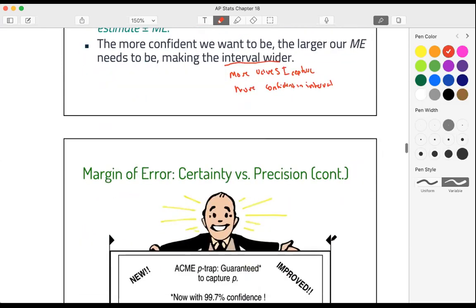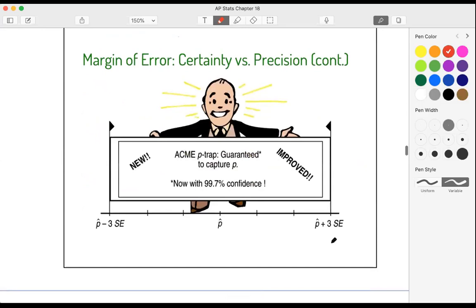Now, we could always get more confidence by making a larger confidence interval. So look at this confidence interval. This is now a 99.7% confidence interval. I simply add 3 units of standard error and subtract 3 units of standard error on either side. And I get a really huge margin of error, and I capture even more values. And I'm really confident that true p is in there.